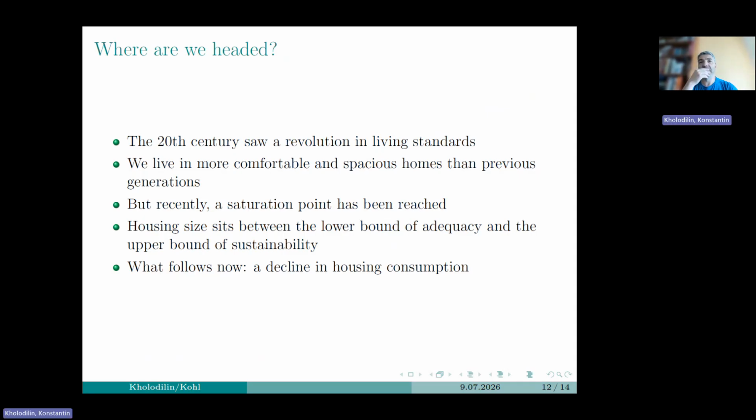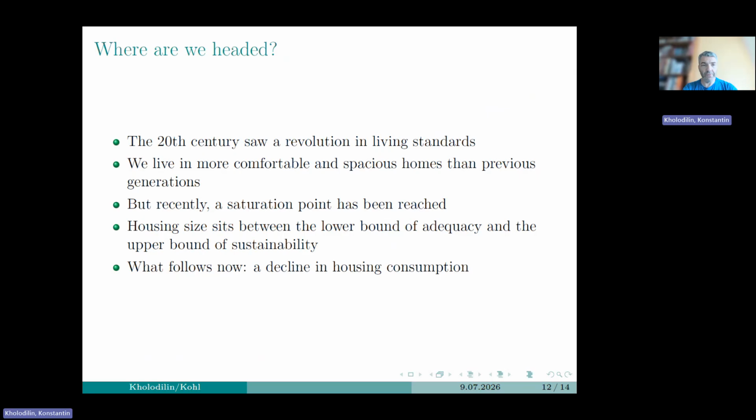In some countries, like Australia and the US, the average housing sizes are exceeding 150, 200 square meters, which is probably well beyond the upper bound of sustainability. So it's hard to imagine that the population of the whole world lives in such spacious homes.